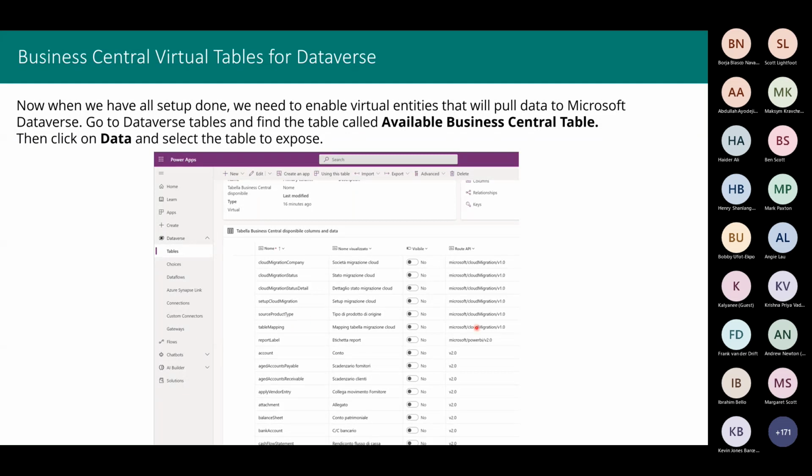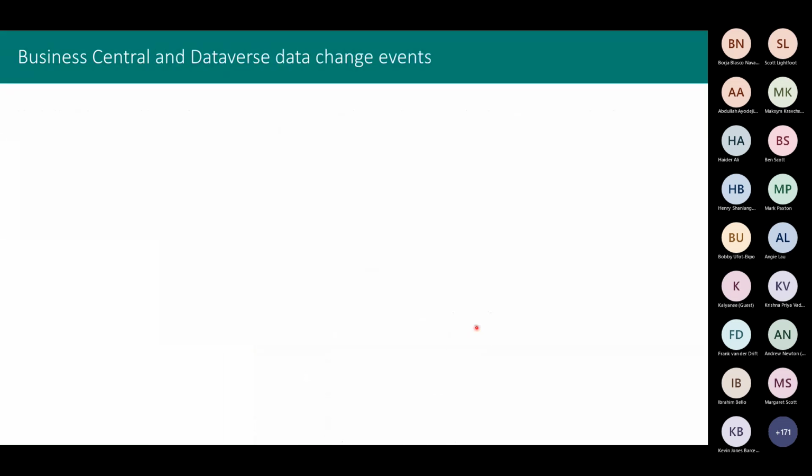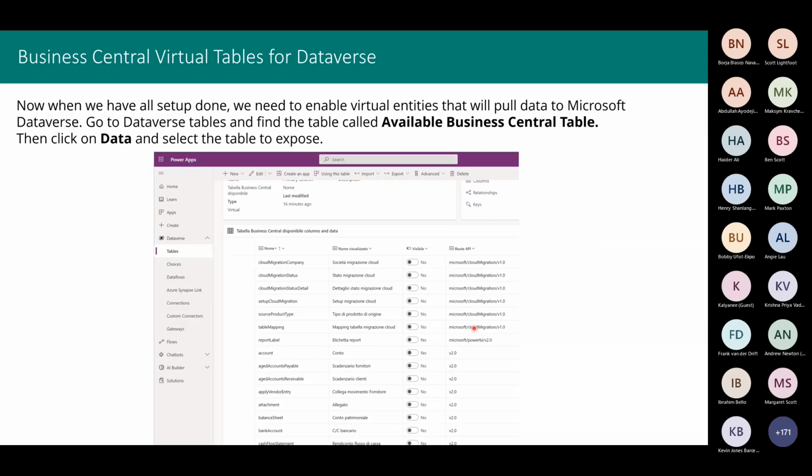If you want to enable an entity, simply click here, one of these buttons. By default all entities are not visible. If you click, you are making them visible, and in this case, this entity becomes a virtual entity in Dataverse.